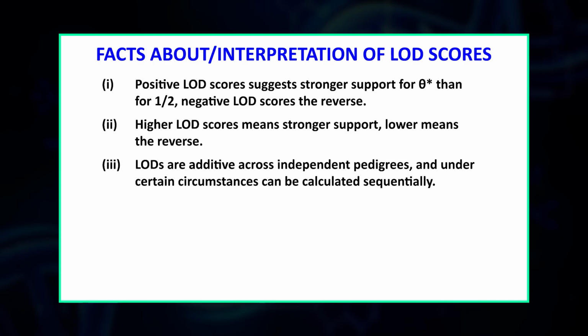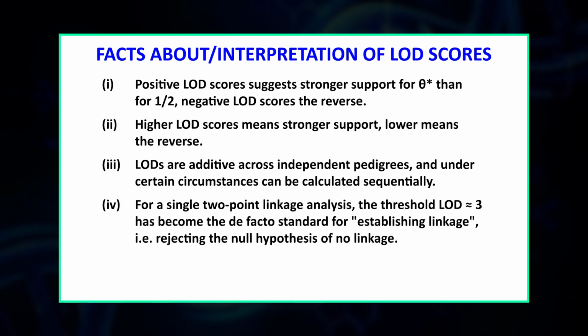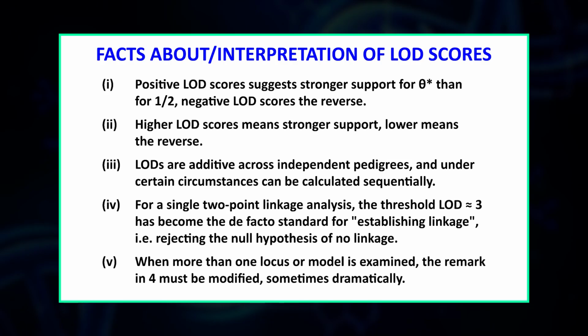Lod scores are additive across independent pedigrees and under certain circumstances can be calculated sequentially. Fourth, for a single two-point linkage analysis, the threshold LOD equal to 3 has become the de facto standard for establishing linkage, that is rejecting the null hypothesis of no linkage.